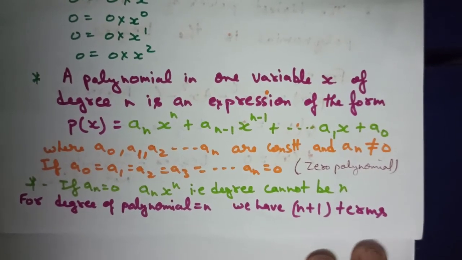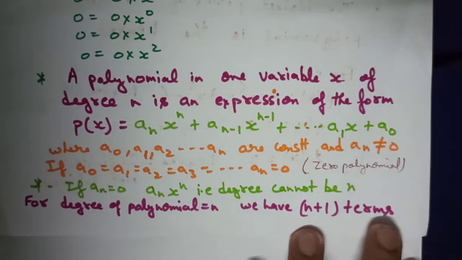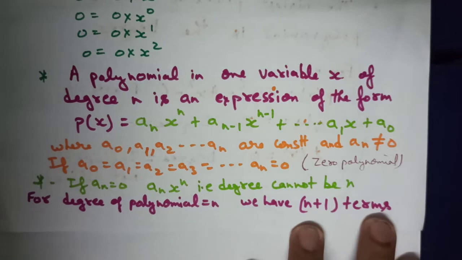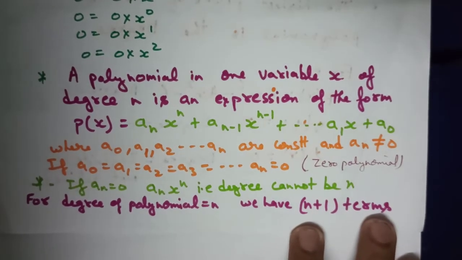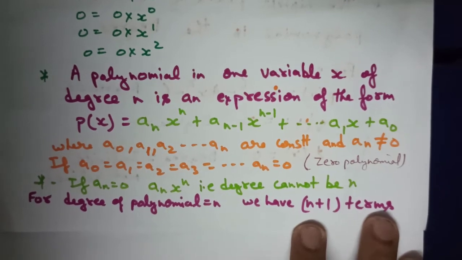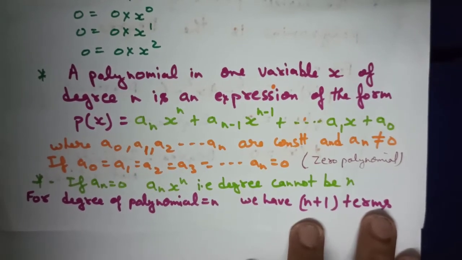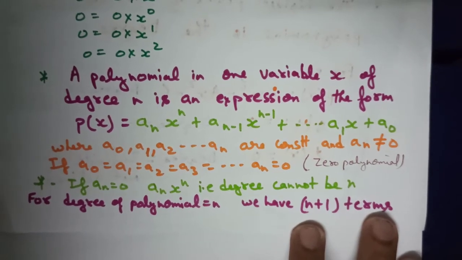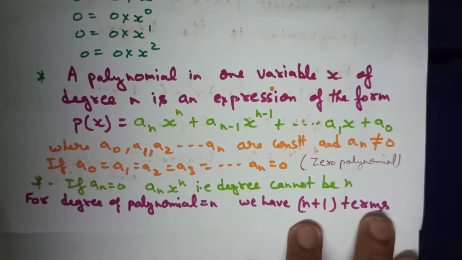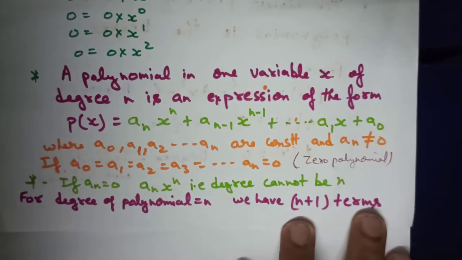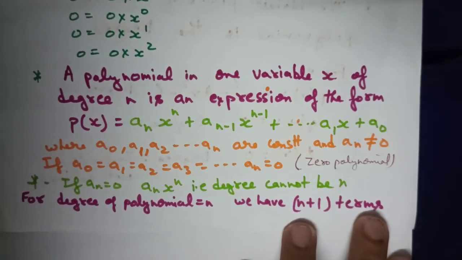For example, 2x square plus 3x plus 4. Here the highest power of the variable is 2, so n is equal to 2, and n minus 1 is equal to 1. The constant term is 4, which can be written as 4x raised to the power 0.